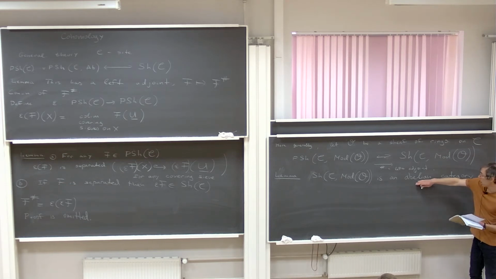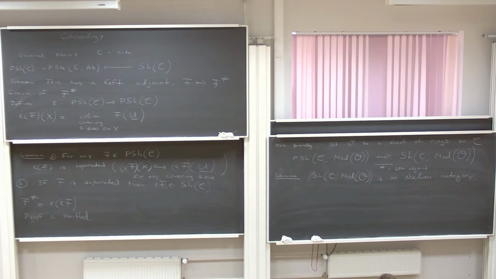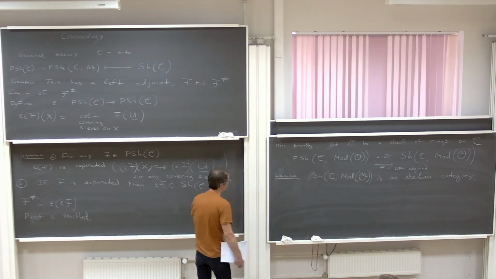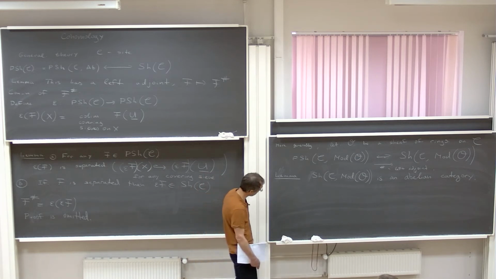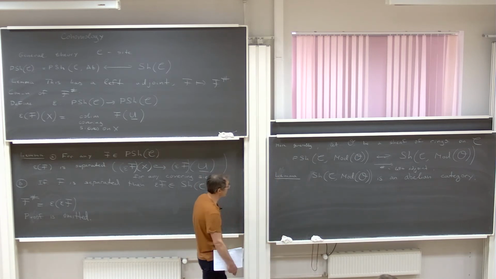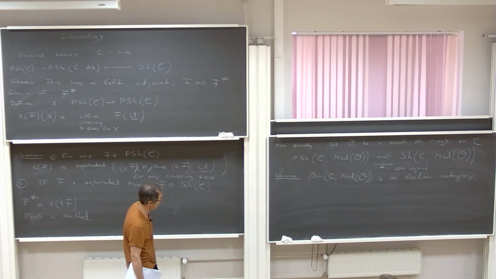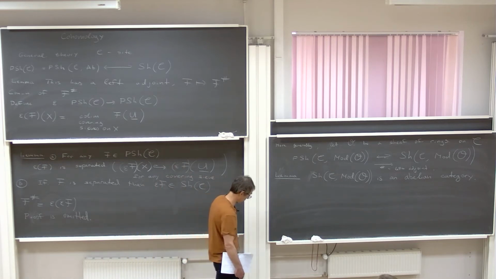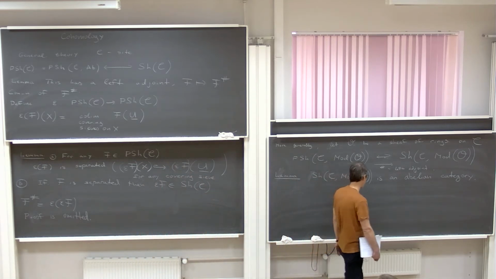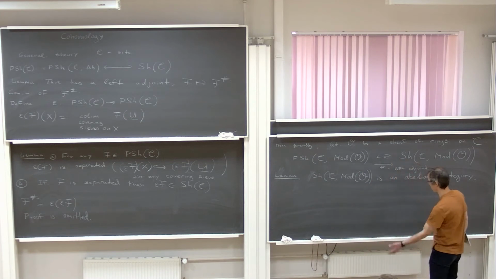So this is a structure of a category, right? In order to check that a category is abelian, you have to show that there is a final object, which is also an initial object, which is just the zero sheaf, that there are finite direct sums, that the map from finite direct sum to finite direct product is an isomorphism.